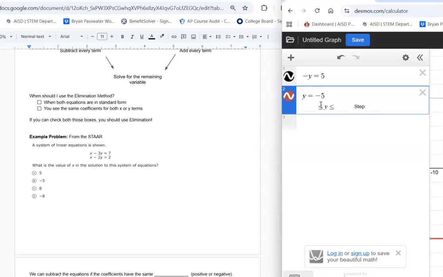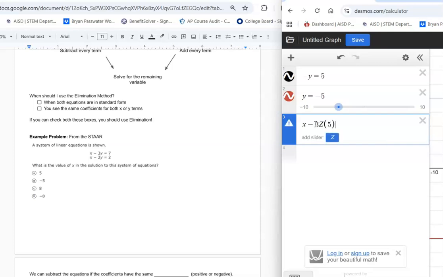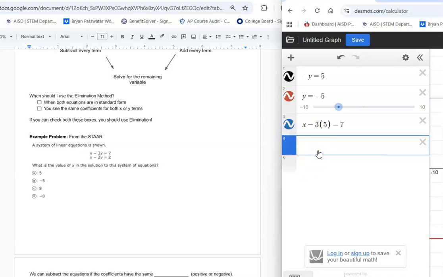And now that I know that the value of y is negative 5, notice the question wants you to find the value of x. You could plug that into either equation, either the top one or bottom one. It doesn't matter. You'll get the same answer. Let's use the top one. Why not? So I replaced the y in the top equation with negative 5. Oh, y is negative 5, my bad.